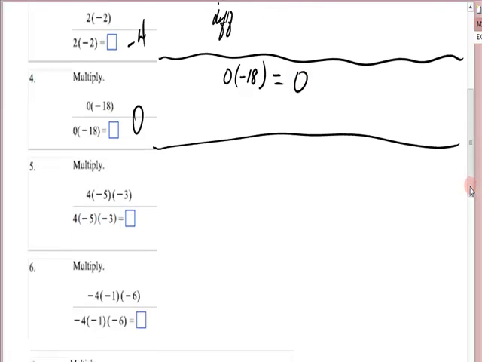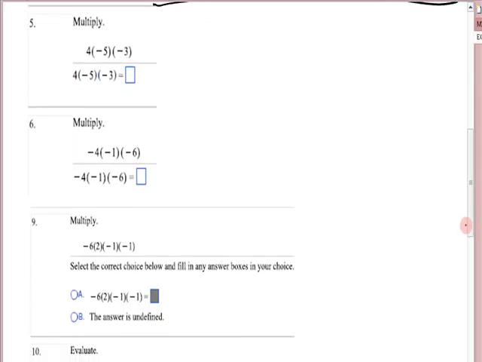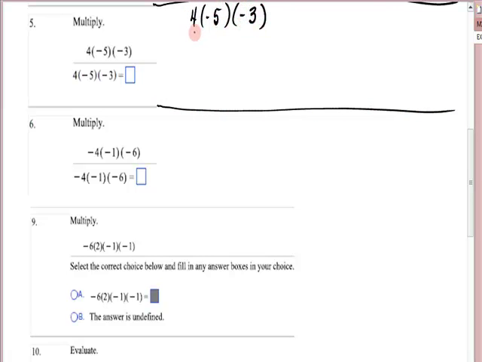All right, the next few problems may have more than one number. So we can do what Aunt Sally would tell us to do, and we can move from left to right. I will also talk to you about a shortcut. I have 4 times negative 5 times negative 3. Aunt Sally would say move left to right and do the multiplication. 4 times 5 gives me 20.